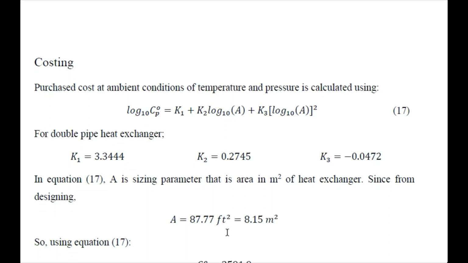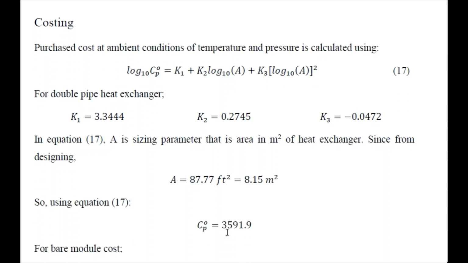Now once we are done with the design, we can find the cost of the heat exchanger. For the costing of the heat exchanger, we have a general equation to find the purchased cost at the ambient temperature and pressure. But here you can see K1, K2 and K3. These are equipment specific.